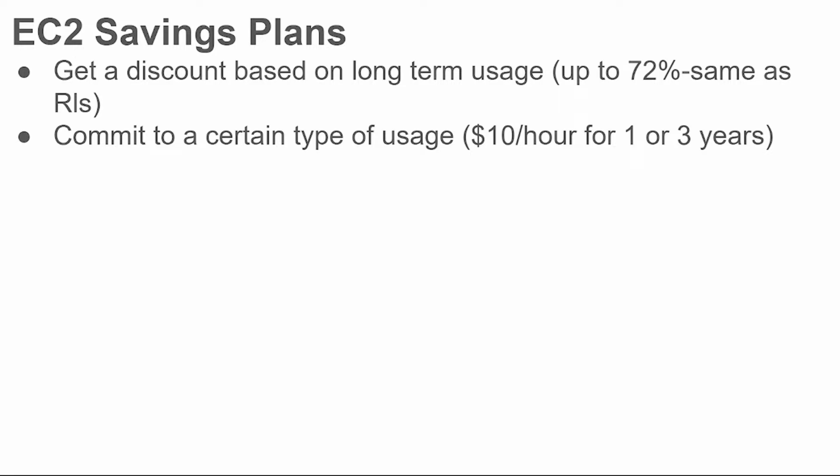What you are doing here is committing a certain amount that you will pay to AWS for some duration like 1 year or 3 years. You are not saying that you want a particular instance. You just pay this amount and use whatever instance they give you.